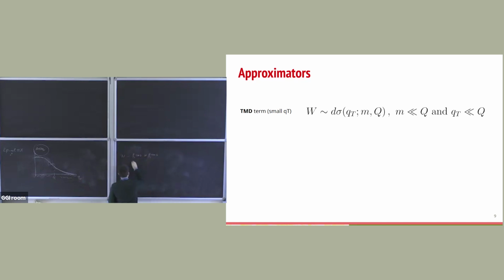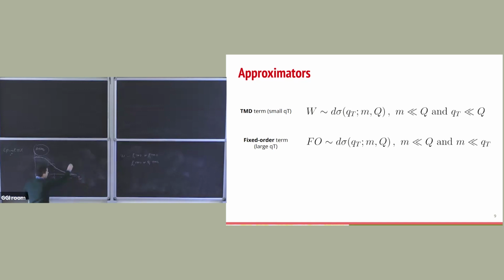In semi-inclusive DIS, you would have F1 TMD cross D1 TMD, where D1 is a fragmentation function. It's an approximator of the cross section that is supposed to work well when Qt is small compared to the hard scale, and when the hard scale is large compared to a small m, where small m is a generic mass scale, for example 1 GeV, like the mass of the target. If you are in this kinematic regime, the TMD term should work well.